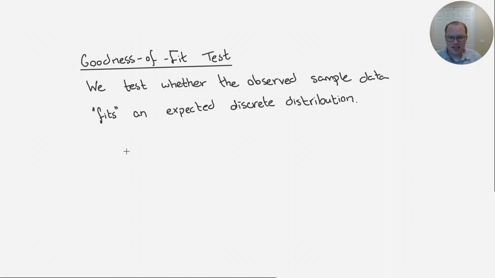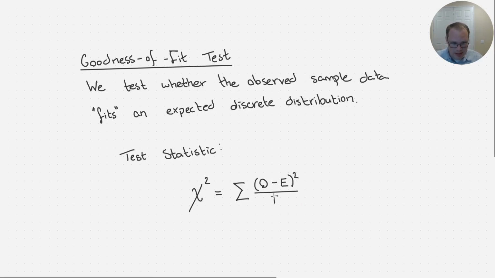The test statistic that we calculate for a goodness of fit test is chi-square. We look at each observed value, subtract what we would expect the value to be for that category, square it, and then divide by the expected value. And we add that up for each different category.